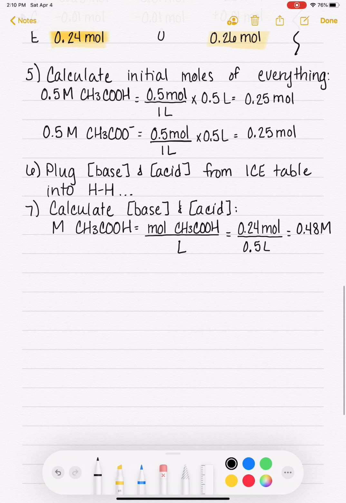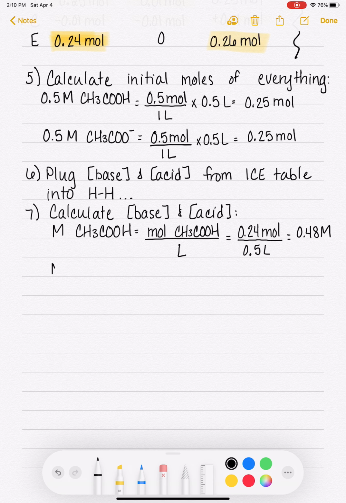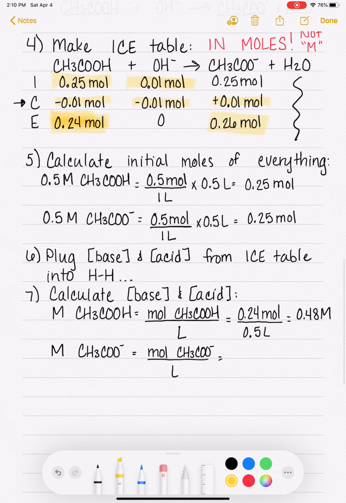And now we need to calculate the molarity of our base, CH3COO minus. It is the moles of our base, CH3COO minus, over the liters of our solution. Our base from the ICE table, the moles of our base is 0.26.